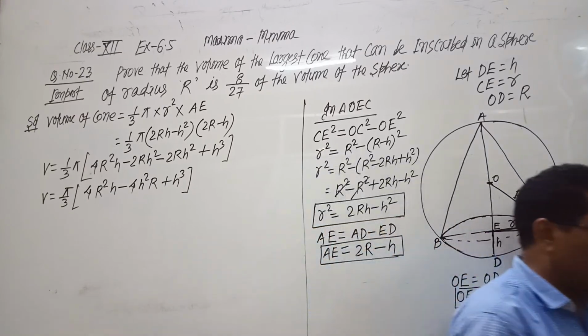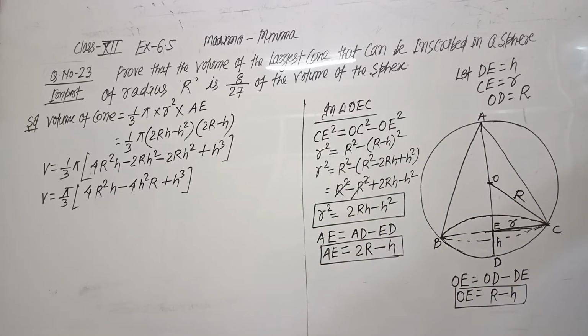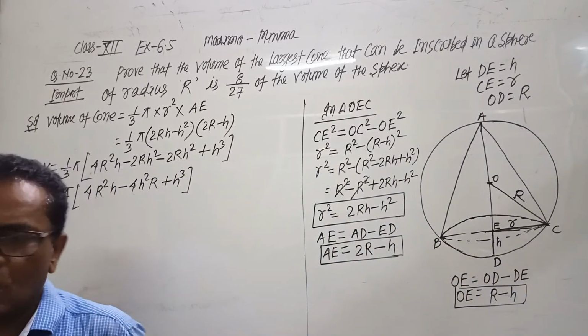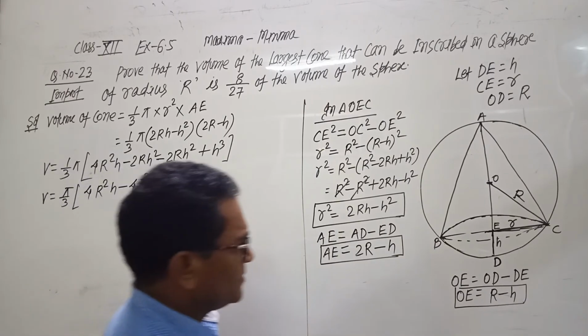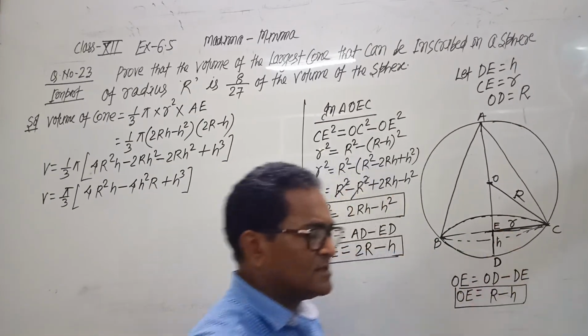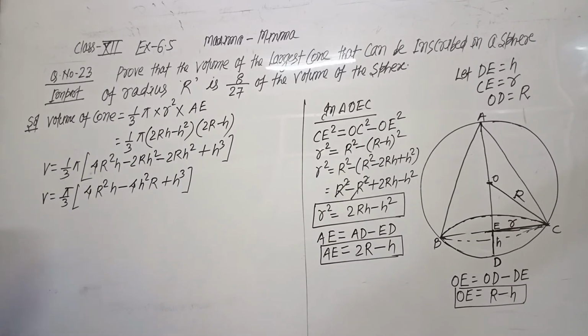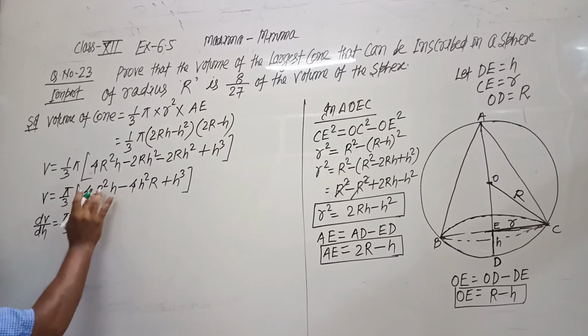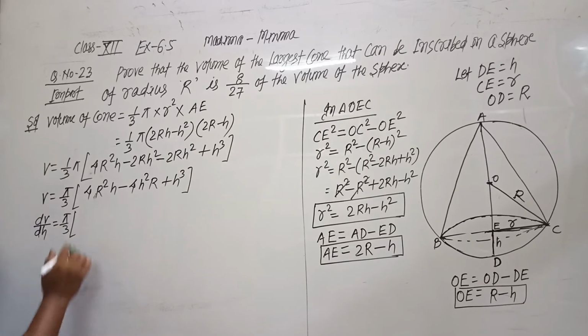R was given in the question, and whatever is given is a constant, so we will not differentiate with respect to it. So what is the variable? What we supposed earlier, the height DE, this is the variable. So we find dV by dh, differentiating with respect to h. dV by dh equals pi by 3 times the differentiation of 4r square h: 4r square is constant, so it gives 4r square.